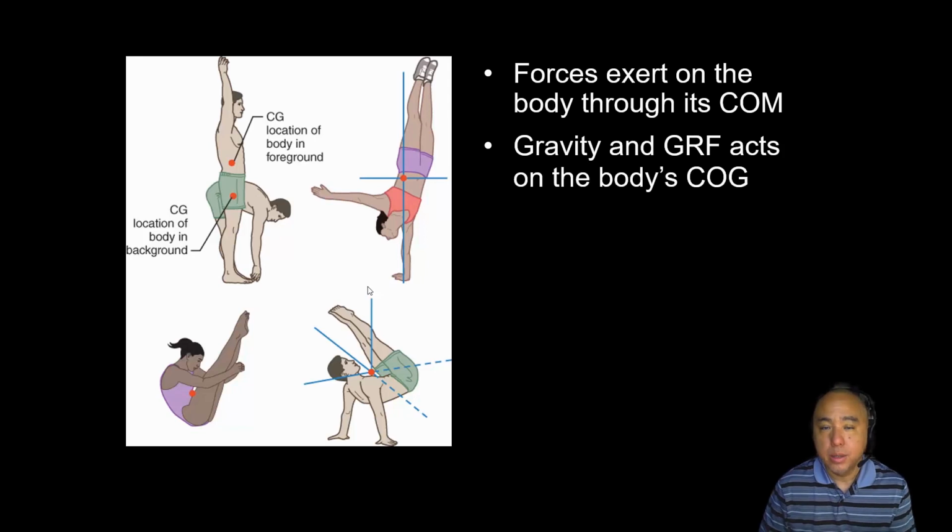So your weight, or the line of force of gravity, gravitational pull, as well as the vertical ground reaction force, acts on the body's center of gravity. So when I talk about jumping and doing a squat, and I'm describing the forces and motion of that individual, of that jumper, I'm really talking about that person's center of gravity.